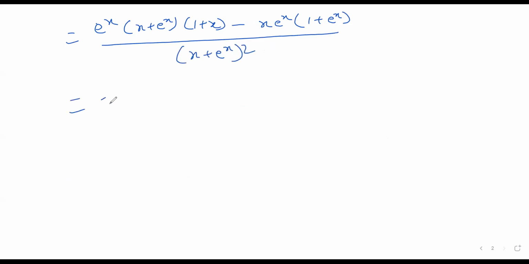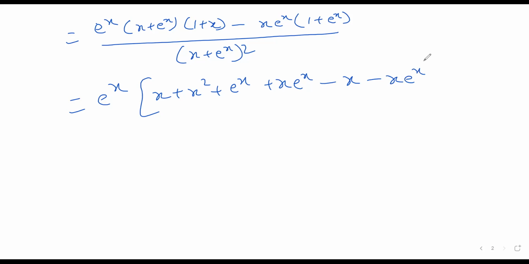You can again take e raised to x common, and we can also multiply inside. So it is x plus x square plus e raised to x plus x e raised to x minus x e raised to x, and e raised to x is common, minus x e raised to x.